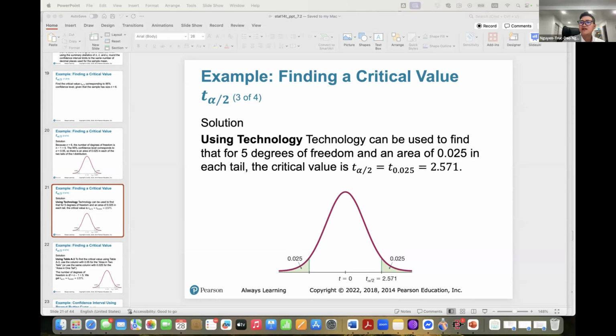So the critical value would be, let's check it together. 0.025. I don't have 0.025 here, maybe this table doesn't have it. Oh, here I use two tails. Mine is split into one tail or two tails, so I can use one tail or two tails.